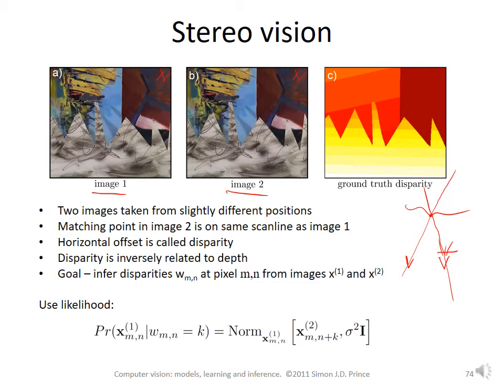Now, depth is this distance from the camera. But the inverse of depth is the disparity. Disparity refers to how much of a shift there is between a given point in one camera and the corresponding point in the other camera.